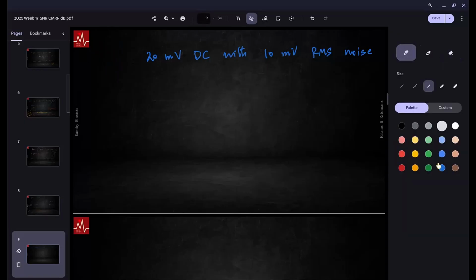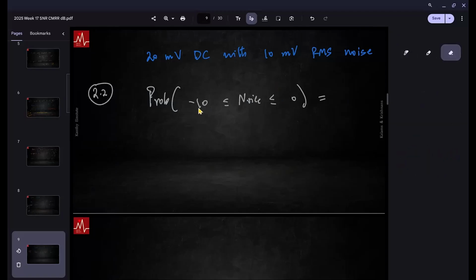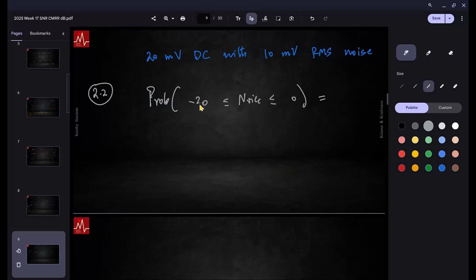The same thing that I asked. So let's ask a couple of quick questions. Point 2. Probability that your noise is minus 10 to 10. What is this probability? Let's make it 30. This probability.